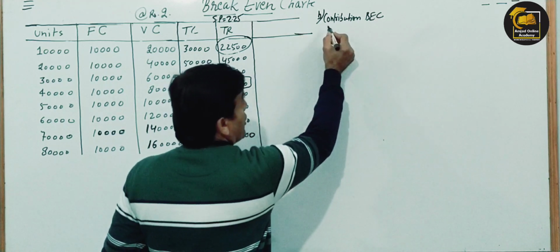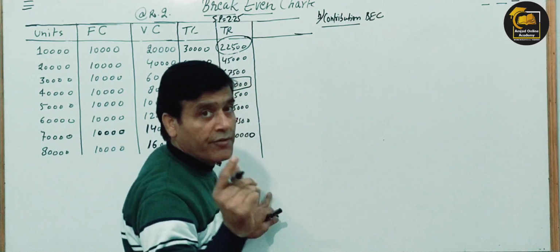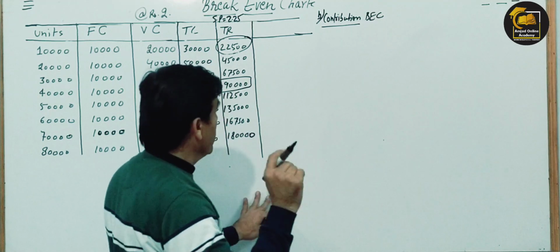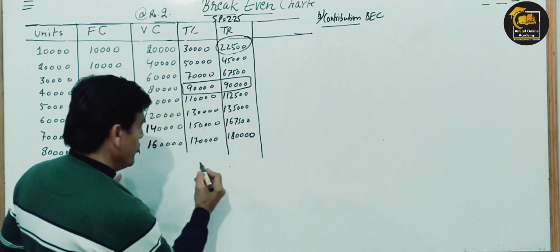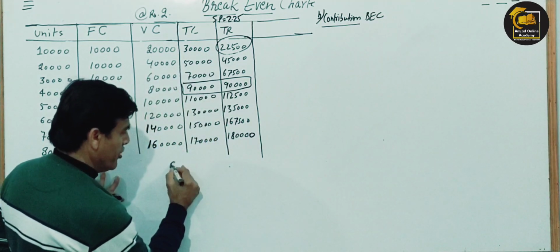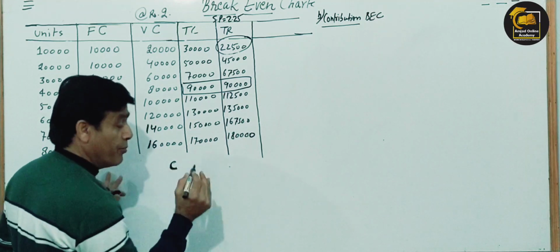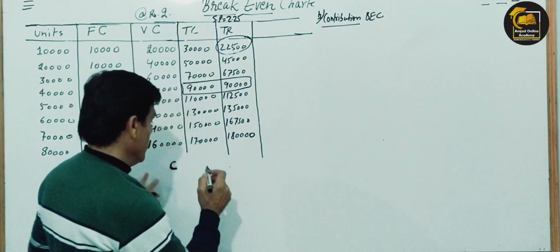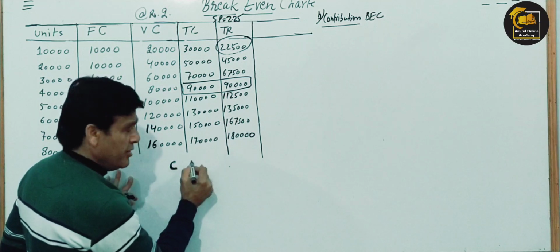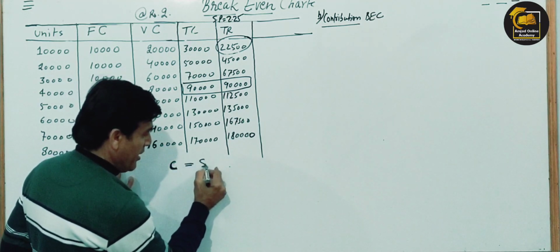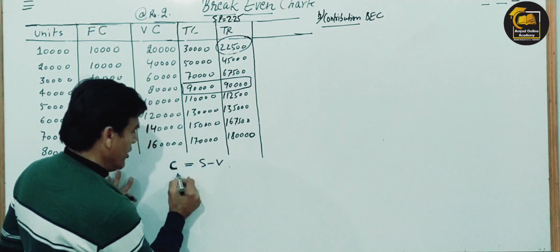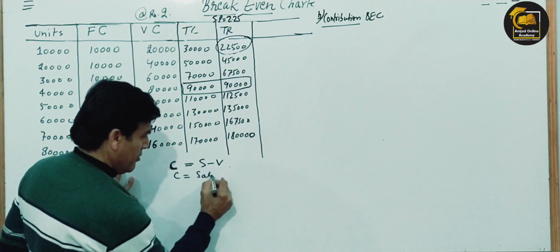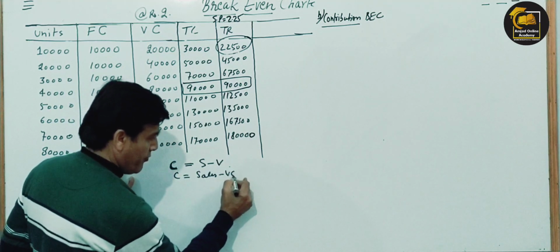When we are talking about the contribution, in the previous video I told you what contribution is. Again here I am telling you, contribution is denoted by C and it is S minus V, sales minus variable cost.